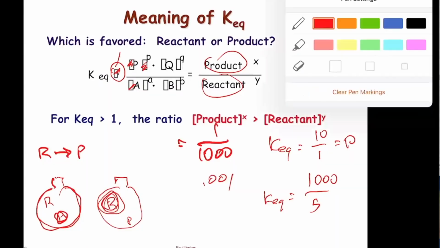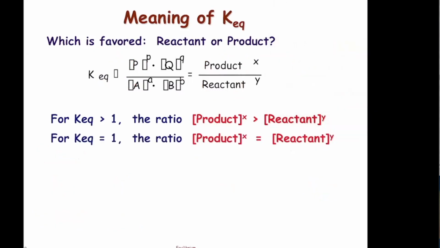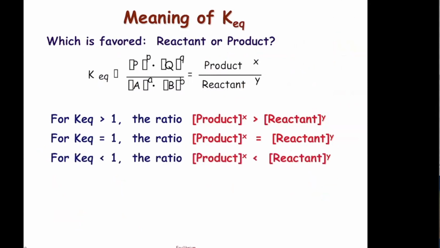And that's what you see right here. Let me erase this. When K equilibrium is greater than 1, then the product is greater than the reactant. When K equilibrium equals 1, they're about the same. When K equilibrium is less than 1, 1 times 10 to the minus 30, 0.007, much less than 1, then the reactant is greater than the product.